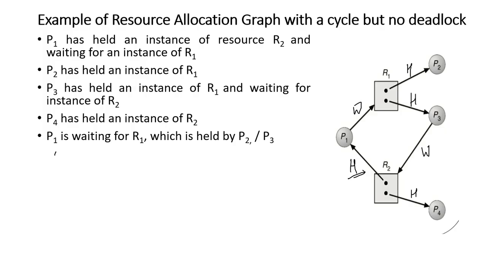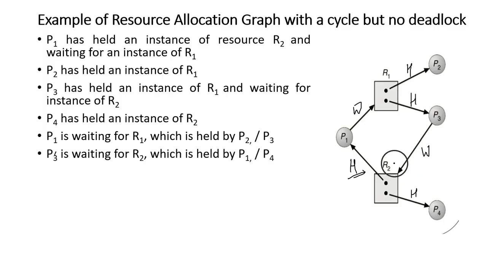Here we can say P1 is waiting for R1, which is held by P2 and P3, that is one instance is held by P2 and another instance is held by P3. Then P3 is waiting for resource R2, where one instance is held by process P1 and another instance is held by process P4.